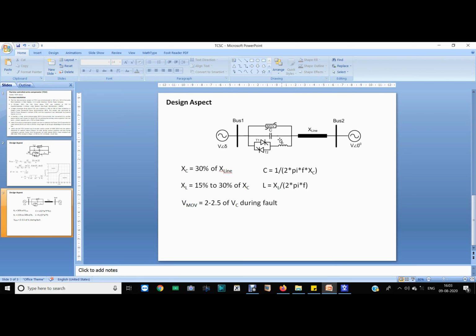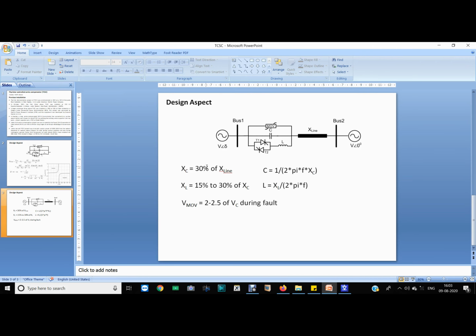Now we need to calculate this C value, L value, and the voltage across MOV. This calculation can be found in Mathur's book as well, and in a few research papers you can see these kinds of calculation.